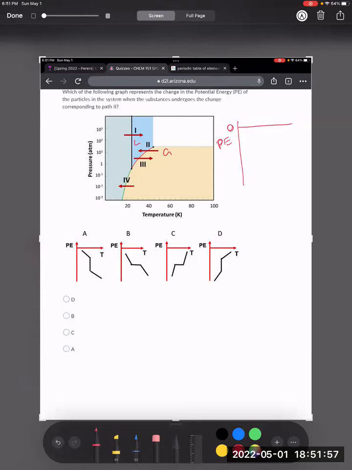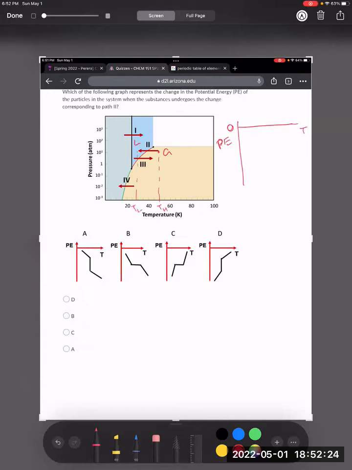But anyway, we are going to go from a higher temperature to a lower temperature. So here's the temperature axis. We're starting from here. Let's say this is our T high, and we're going to end up over here.